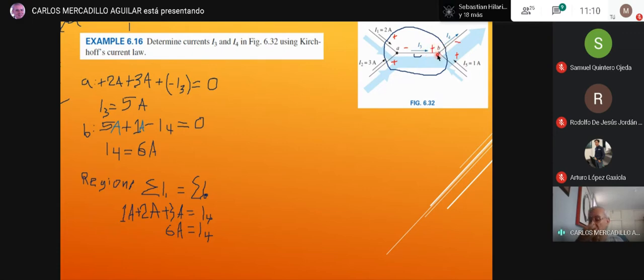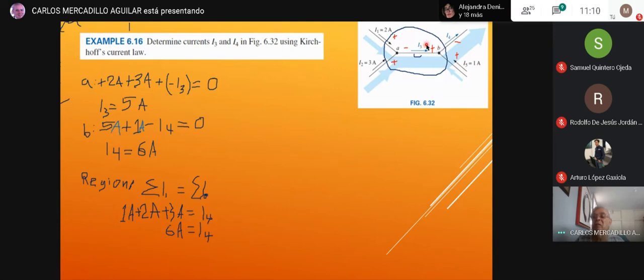Then I4 is leaving the node. So because it's leaving the node, you put here the negative sign. And I5 is coming into node B, and that is positive. So we go to the equation and we do the summation.